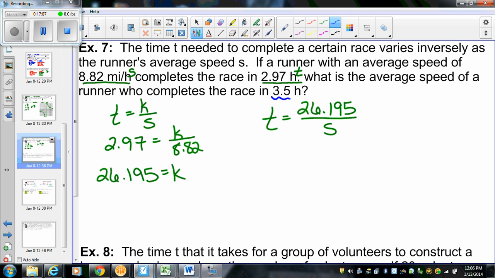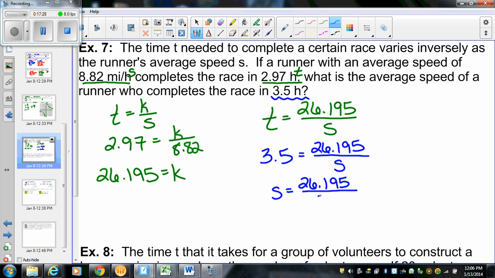So now I go to this problem, which is saying that the time it took was 3.5 hours. So what was the speed, or the average speed, for this runner? So to solve this, basically the s and the 3.5 have to swap spots. So s would be equal to 26.195 divided by 3.5. So the average speed for this runner would be 7.48 miles per hour.